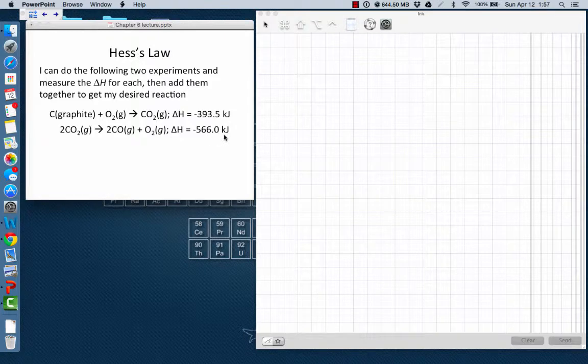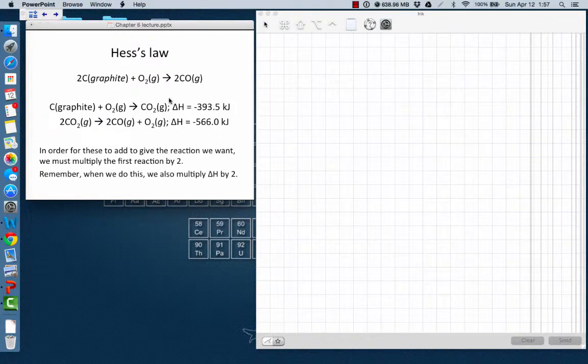So what we can do is add these two things together to get the desired reaction. So here's what we were originally given. The original equation that we wanted to use is 2 carbon plus oxygen yields 2 carbon monoxide.